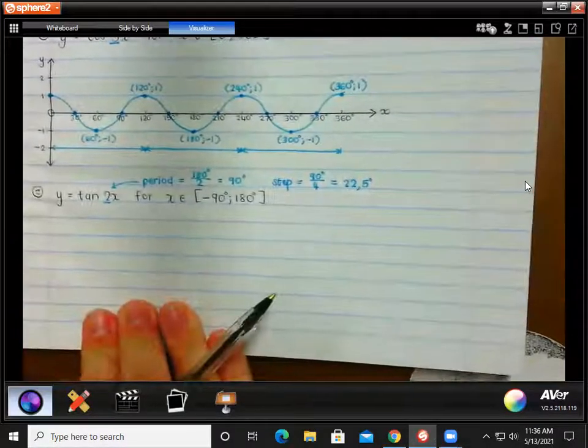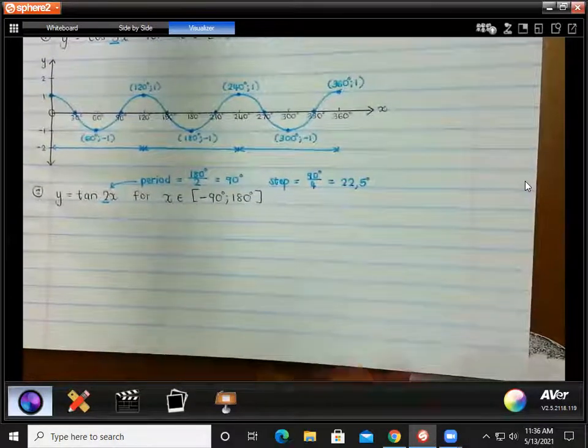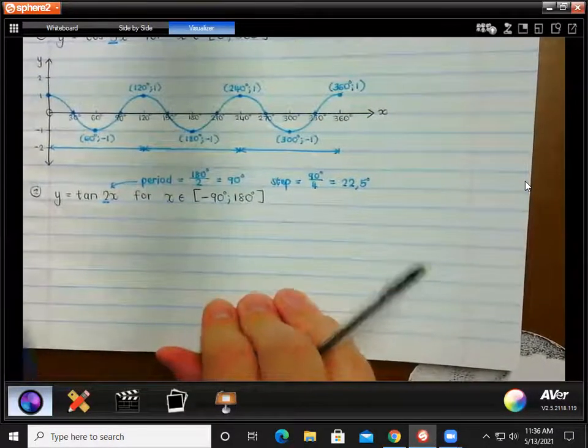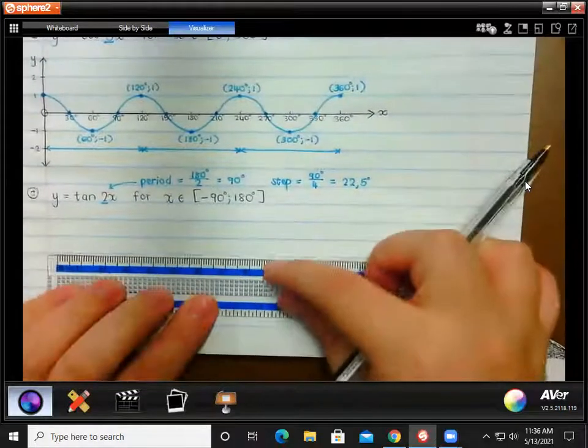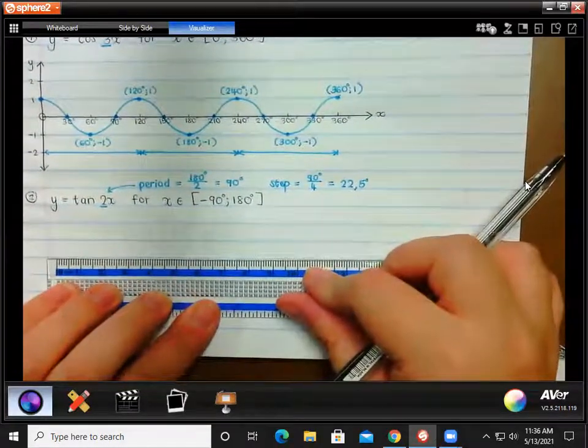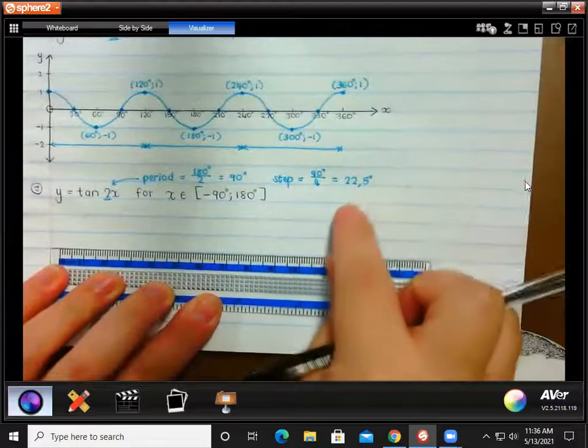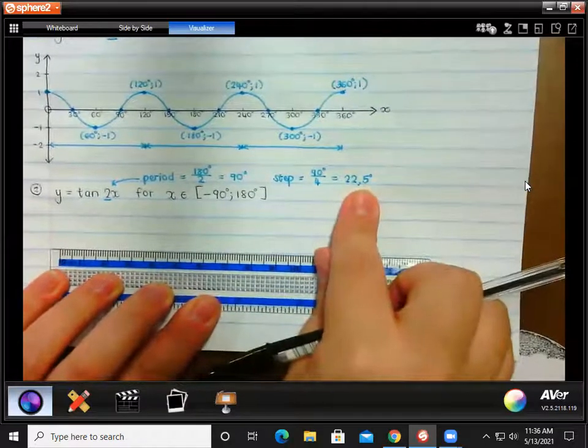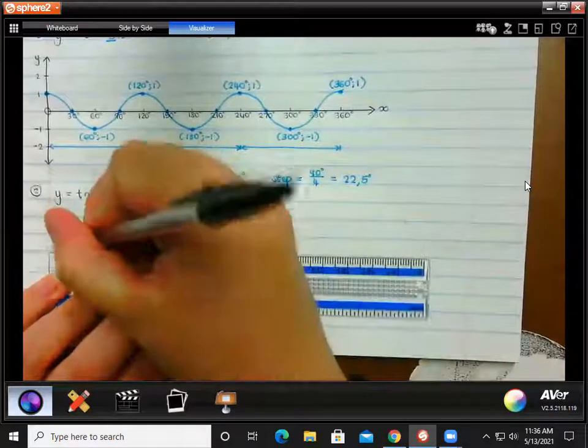All right, so let's draw our axes here. Let me just quickly think. Negative 90 to 180. Okay, I think I'm going to use 1 centimeter again for each of these steps that we have. All right.